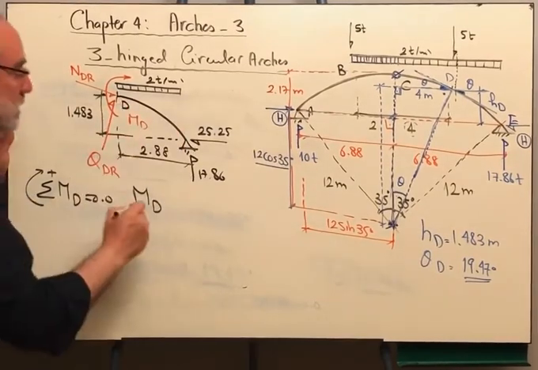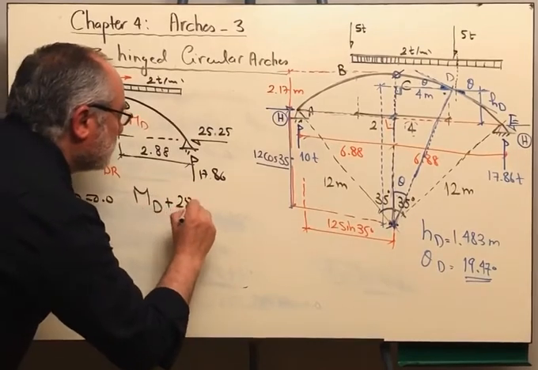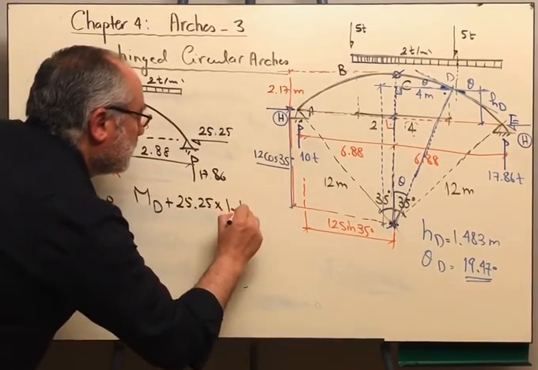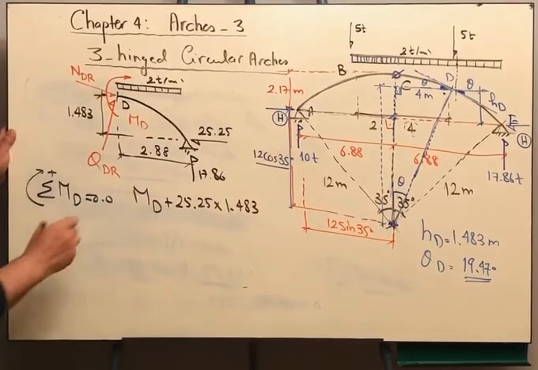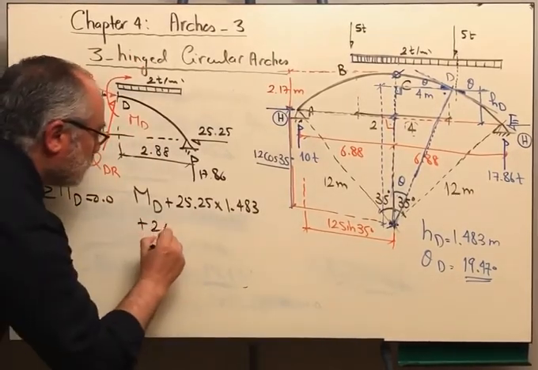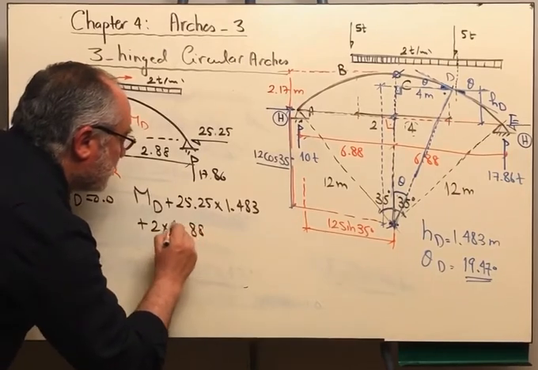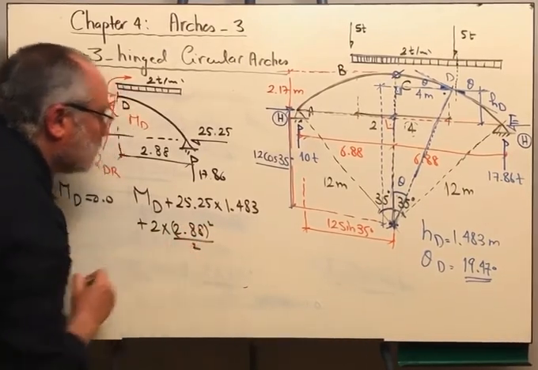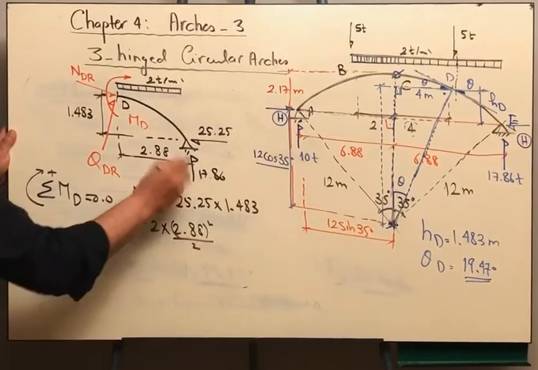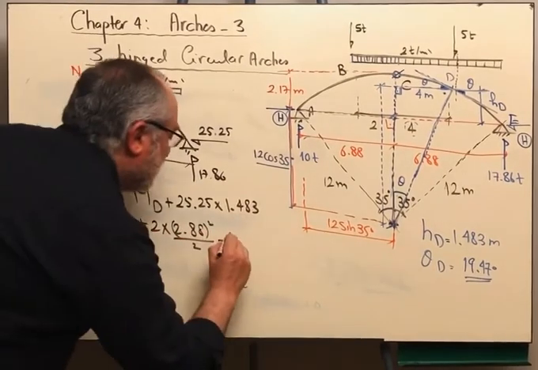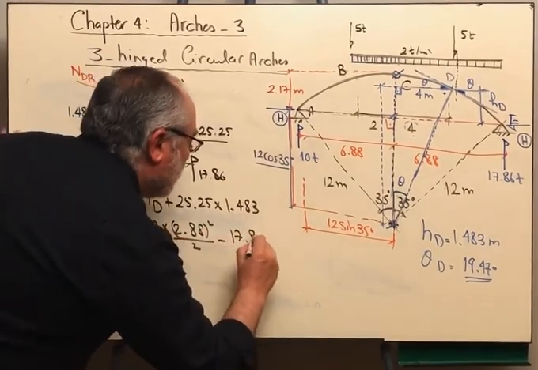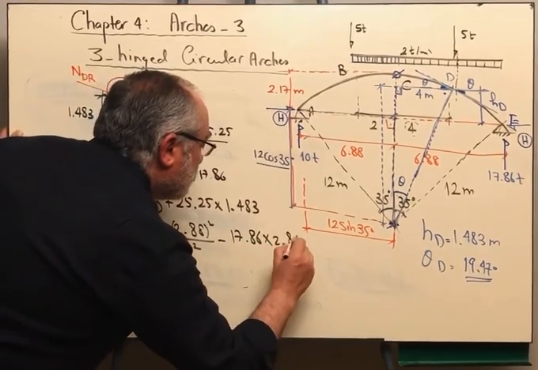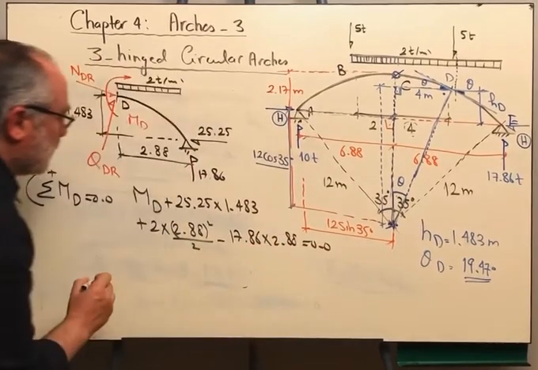We are having the 25 is rotating in the same direction. And we are having the resultant of the distributed load, which is 2 plus 2.88 square over 2. And we are having the reaction is opposite, negative 17.86 multiplied by 2.88 is equal to 0.